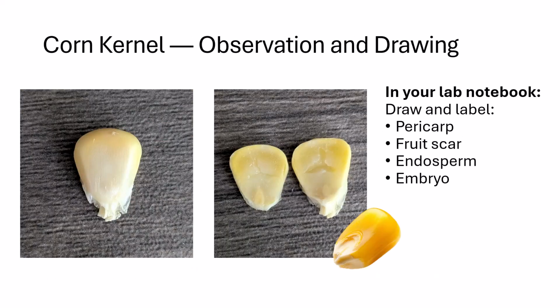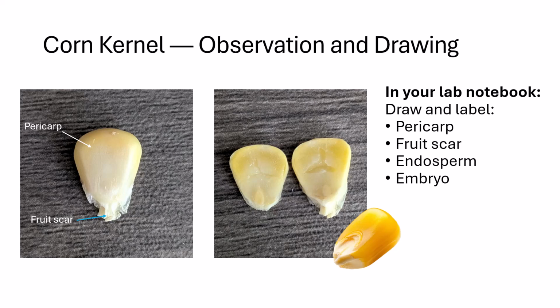Now examine the corn kernel, which represents a monocot seed. The thin outer layer is the pericarp, which is actually the fruit wall. At one end of the kernel, you may see a fruit scar where the kernel was attached to the cob. On one side of the kernel, locate the white oblong area, which marks the embryo. You can see it better from the outside of this dried kernel.